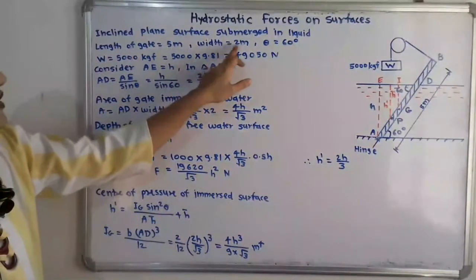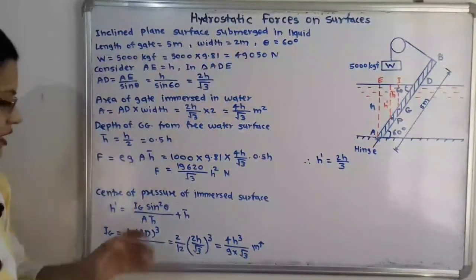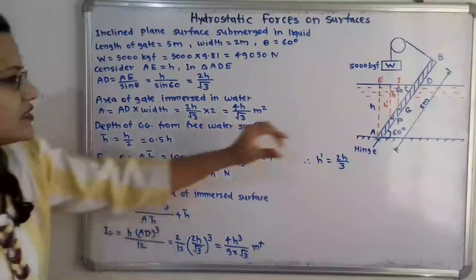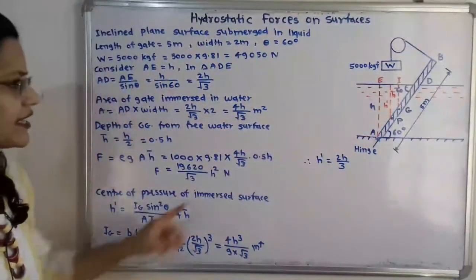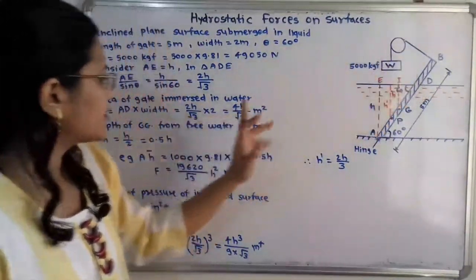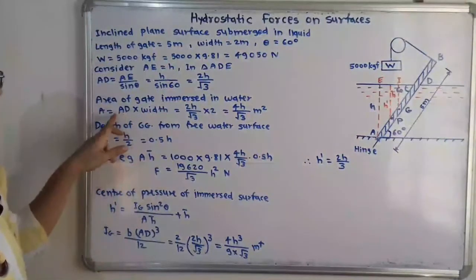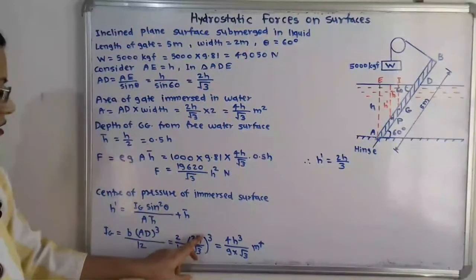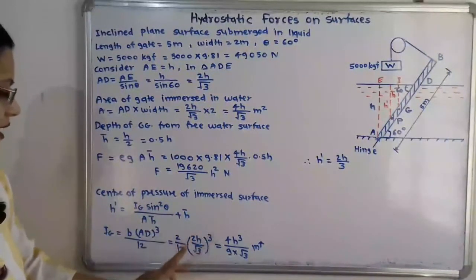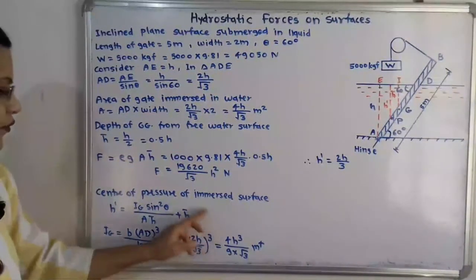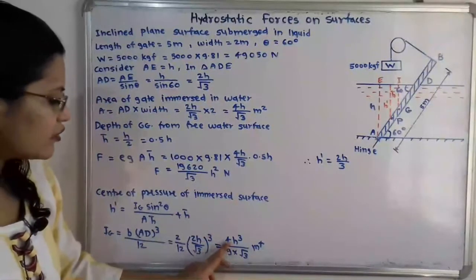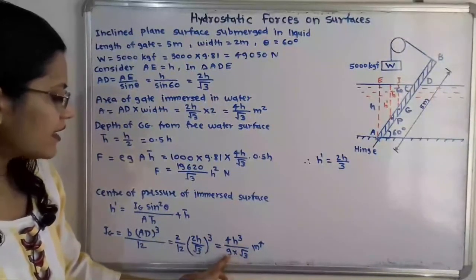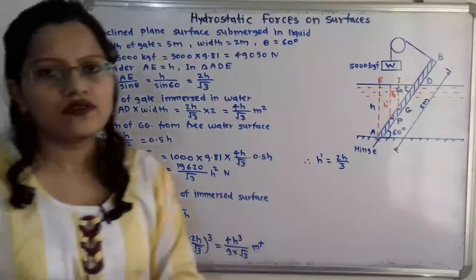That is the width, we have to consider 2 meter, and then instead of this length we have to consider AD. So AD is equal to 2h by root 3. So I will write here 2h by root 3 bracket cube, and here 2 by 12. So when I simplify this I will get here 4h cube by 9 into root 3 meter raised to 4.